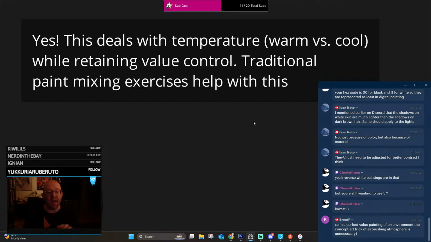But only if it's a warm on one side and a cool on the other. So it has to be a warm red and a cool green, and then you'll get the gray. But if it's a warm red and a warm green, you're getting brown, homie. That's where color theory starts messing with people.